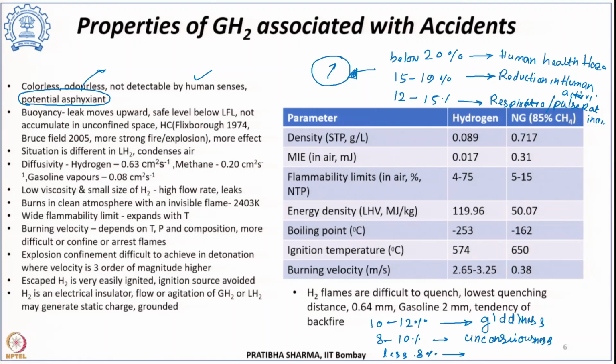Or a human can go; life can be threatened, life can be dangerous, or some death concern will be there. These are the oxygen percentages, and when the hydrogen leaks and the oxygen is reduced, these are the symptoms that will occur.